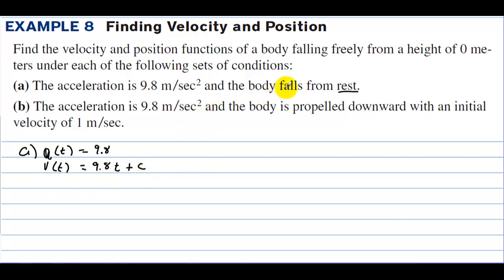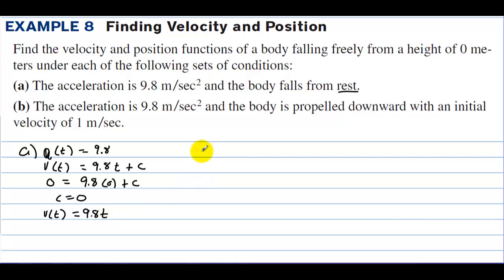Now it says that the body falls from rest, so that means at time 0 the velocity is 0. So we can plug 0 in for the time and 0 in for the velocity. So the constant is 0, so v of t is 9.8 t.